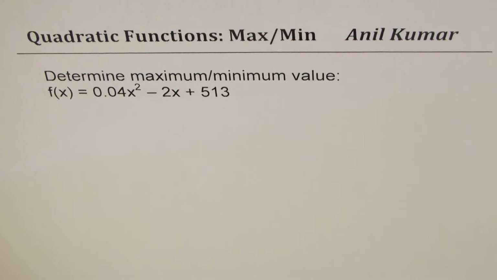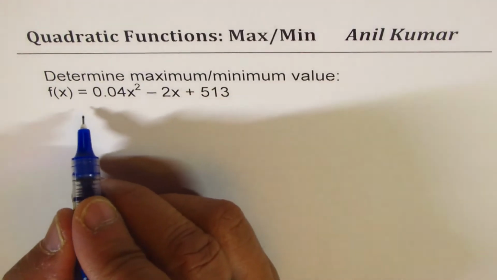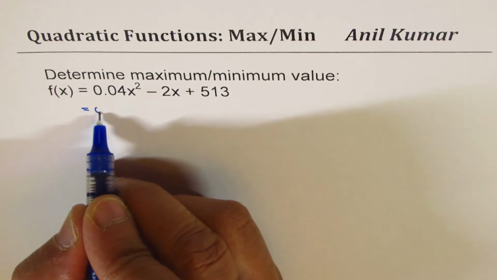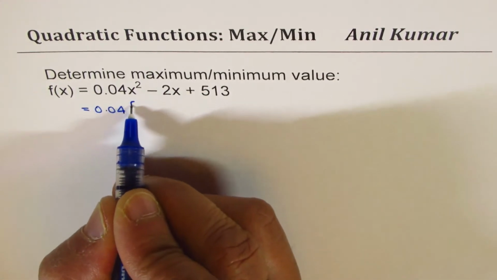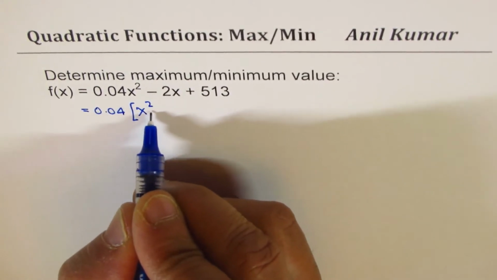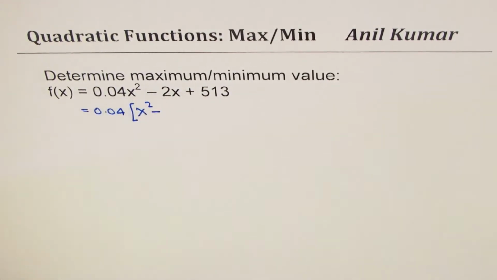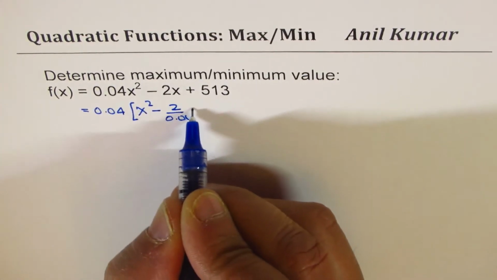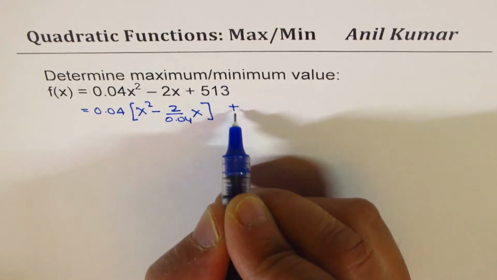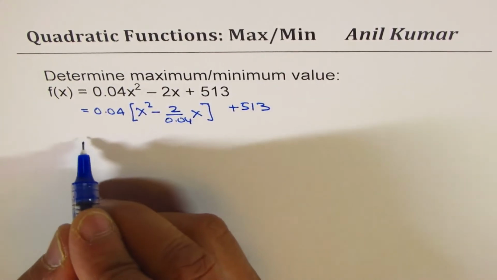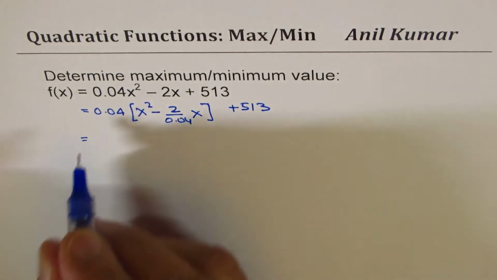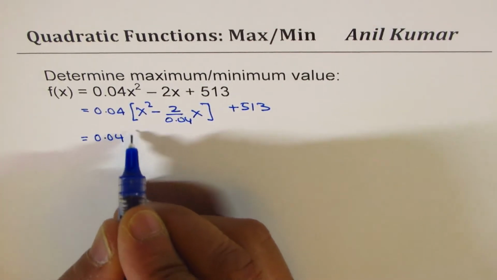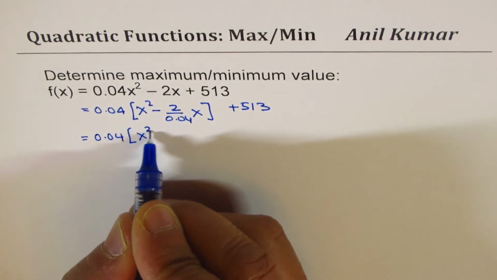Now in the next question, we have some decimal values. I'll use a calculator here. So we could write this function taking 0.04 as common. So we have x squared minus 2 divided by 0.04, right? So let me rewrite this as 2 divided by 0.04 x plus 513, correct? So we have 0.04 x squared.